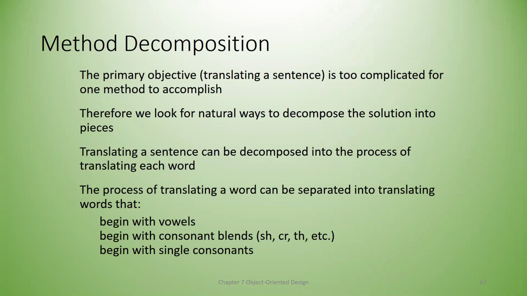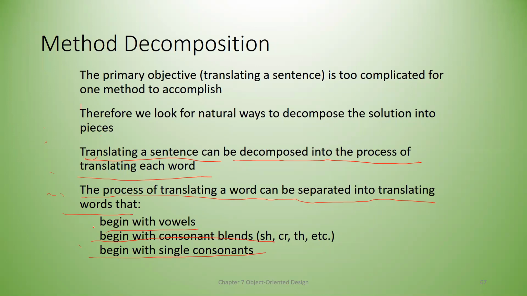This is a big task. You want to translate English into Pig Latin. So we look at it. Translating a sentence can be decomposed into the process of translating each word. The process of translating a word can be separated into translating words that begin with vowels, begin with consonant blends, and begin with single consonants.